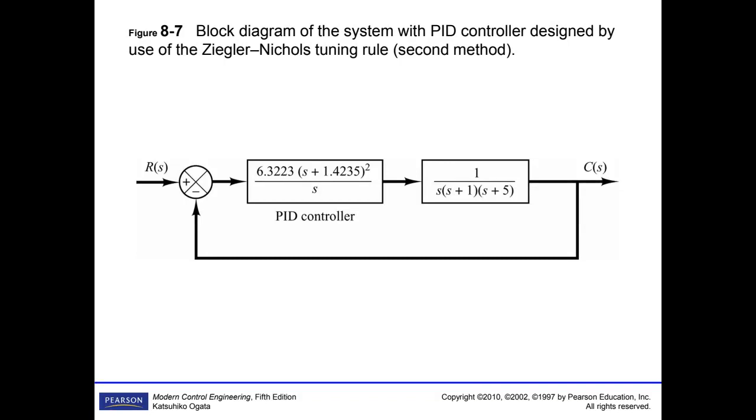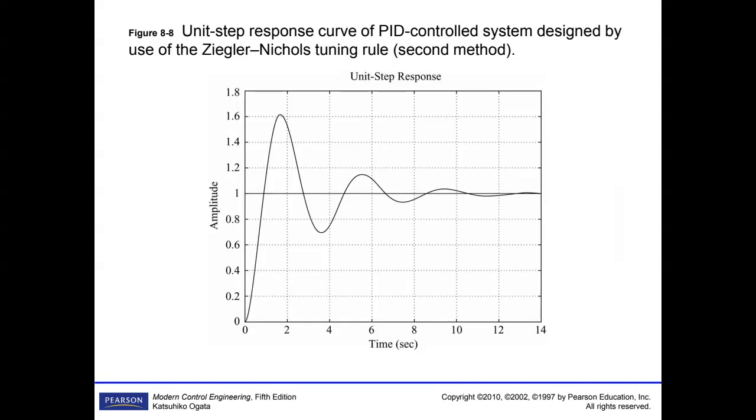For the double zero at minus 1.4, and S, you can write the equation here, then you can obtain the system transfer function, and you can draw the root locus curve. You can also draw the step response. This is the step response. And also you can look at the root locus curve, the red one.